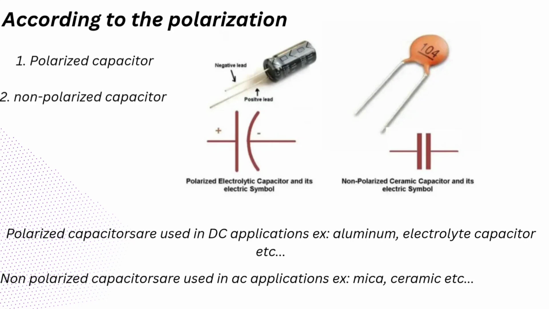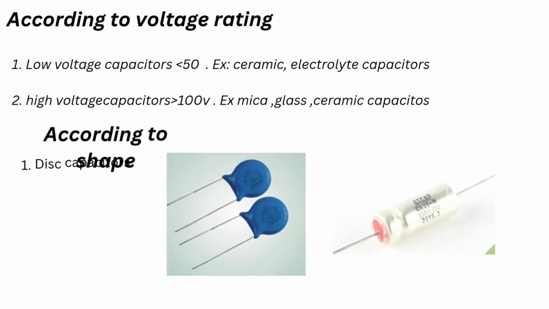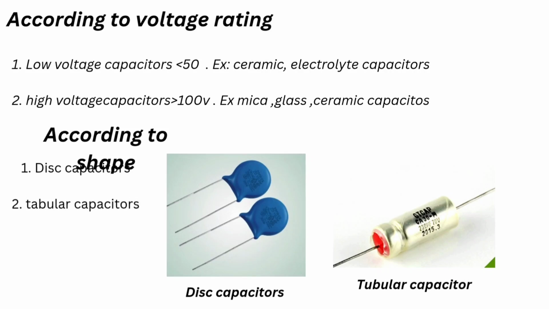According to the voltage rating, there are low voltage capacitors and high voltage capacitors. A capacitor rated less than 50 volts we can consider a low voltage capacitor. Examples of low voltage capacitors are ceramic and electrolytic capacitors.